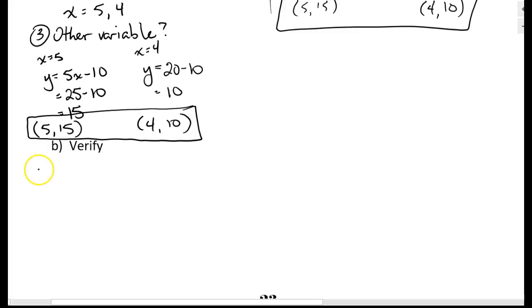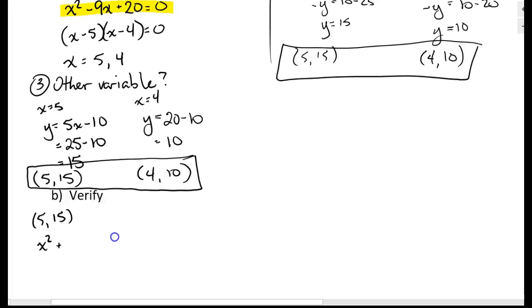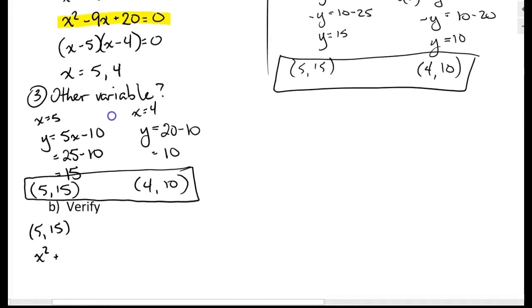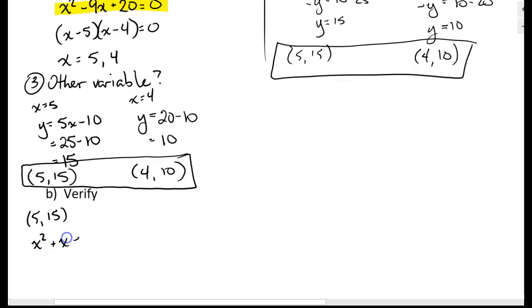So when x equals, or specifically checking point 5 and 15, we've got x squared. Let me just scroll up to make sure I got the right equation. Plus x minus 2y equals 0.